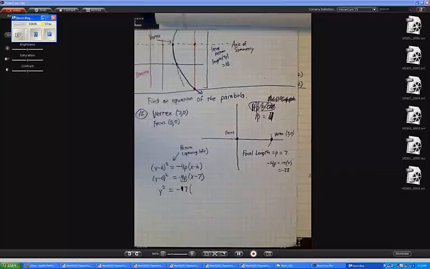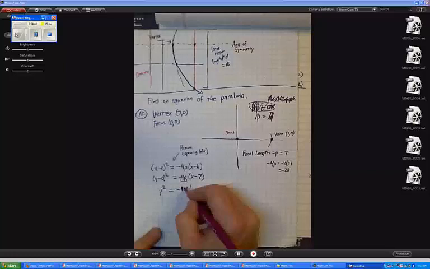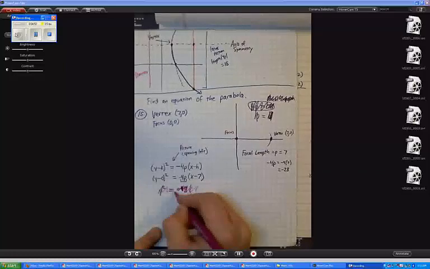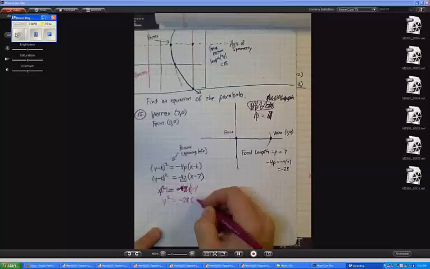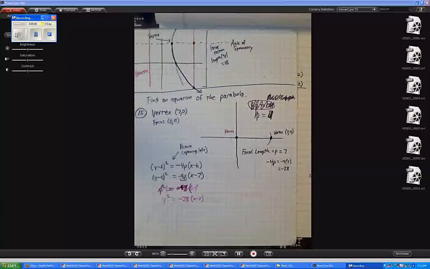Sorry about that. I was like, that's not right. So let me rewrite the correct answer down below. y squared is negative 28 times x minus 7. That looks better. Make sure that's what they have. Yeah. Okay. You got that?